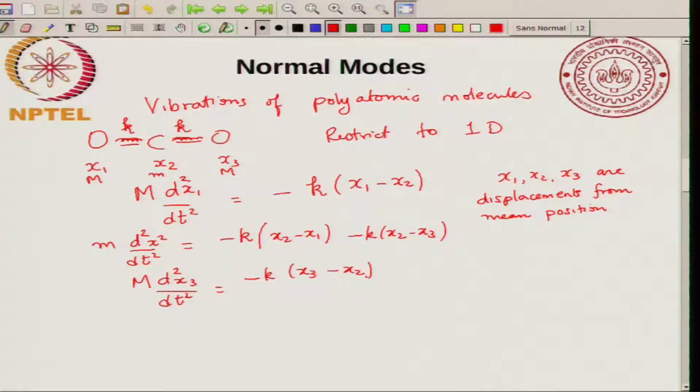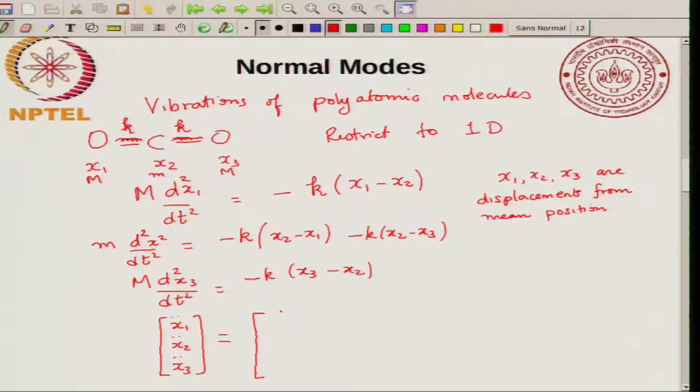I can write these equations of motion in matrix form. Instead of writing the second derivative with time, I will just use x1 double dot, x2 double dot, x3 double dot, and this I can write as the following matrix.